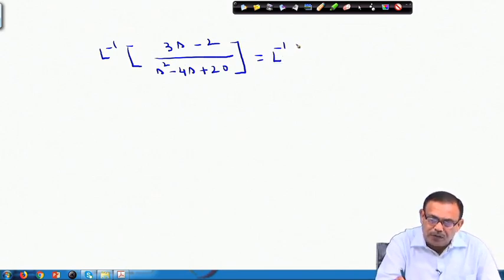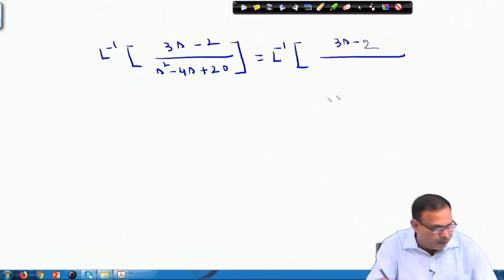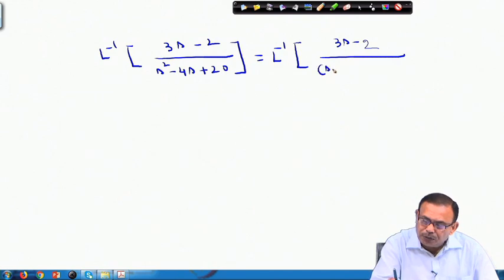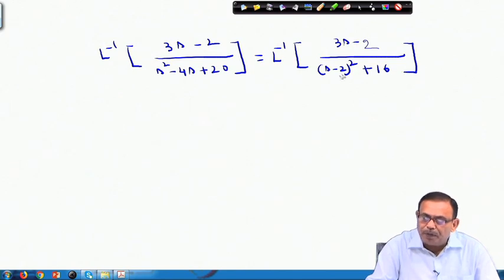So, Laplace inverse of this I can write down 3 s minus 2 divided by s minus 2 whole square plus 16. Please note that I have the forms of s by s square plus a square or a by s square plus a square, something like this.